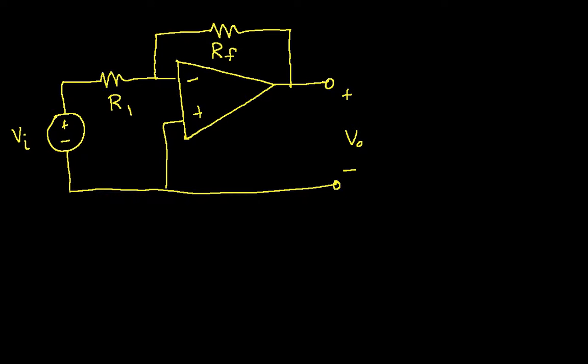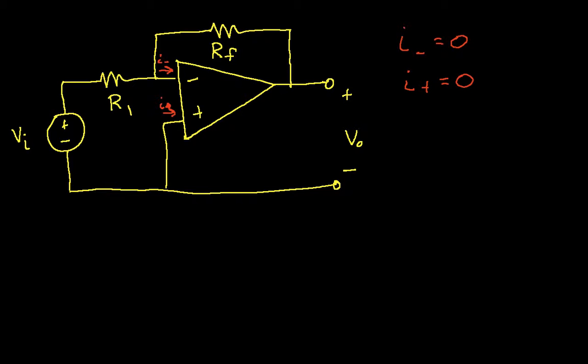And as we've talked about in previous videos, the idea behind the ideal op-amp model is that the current going into the inverting input and the current going into the non-inverting input, both of these, I minus and I plus, will be 0.